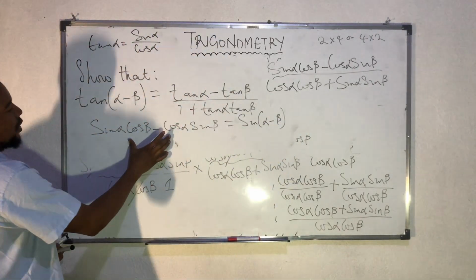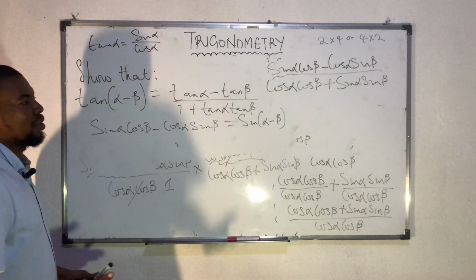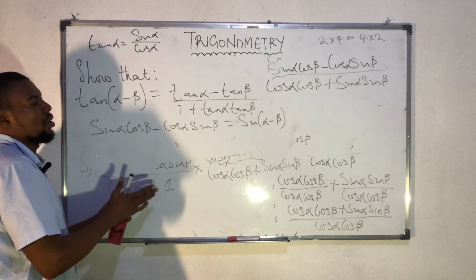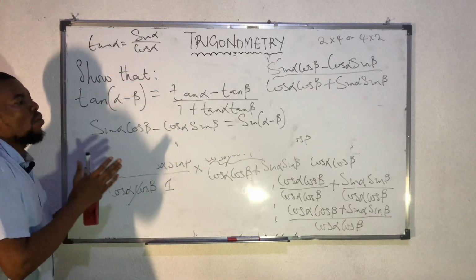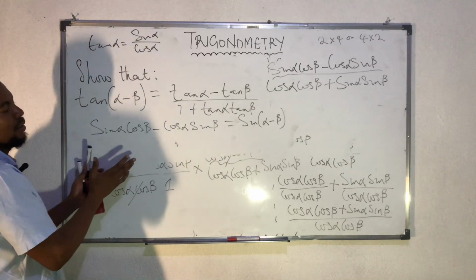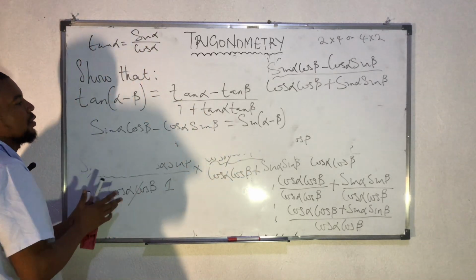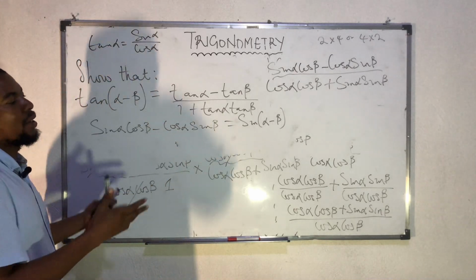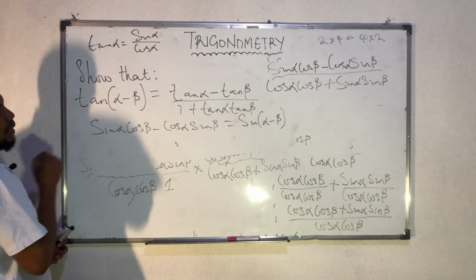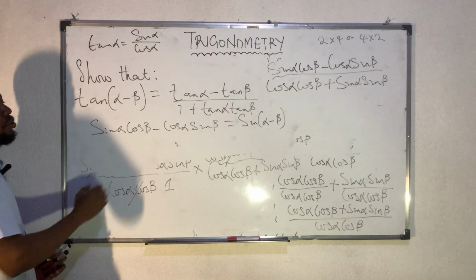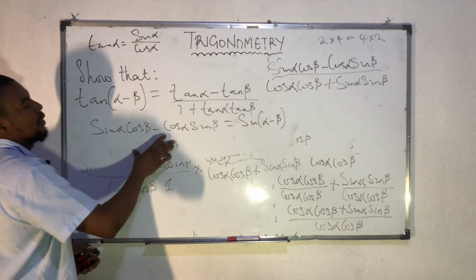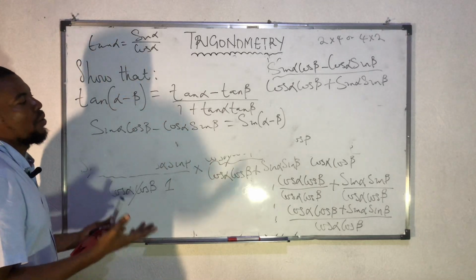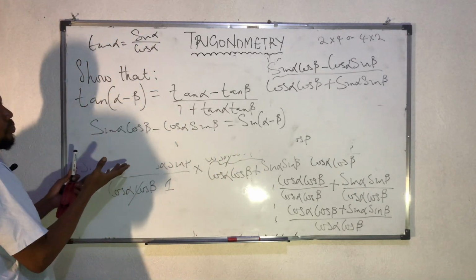I told us initially that in order to succeed in proving identities or trigonometric expressions, we must have all this by heart. Reciprocal identities, sum and difference formulas, double angle formulas, and whatever you have, you must have them at heart so that it will be easy for you to recognize a pattern and relate it to an identity which can help you simplify whatever expression you have before you.